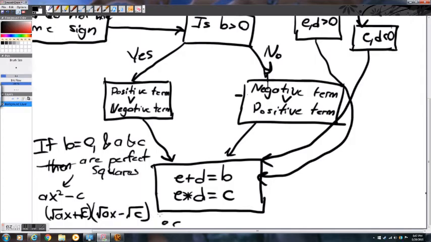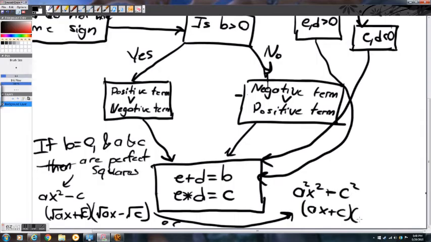Or a little easier way, if we write this as a squared x squared minus c squared, then our solution is ax plus c times ax minus c.